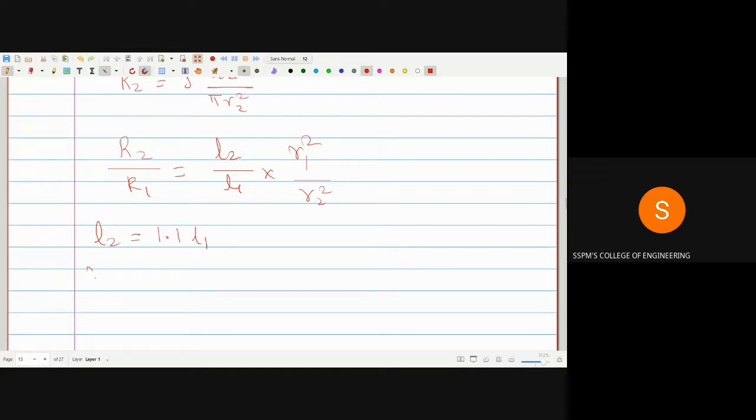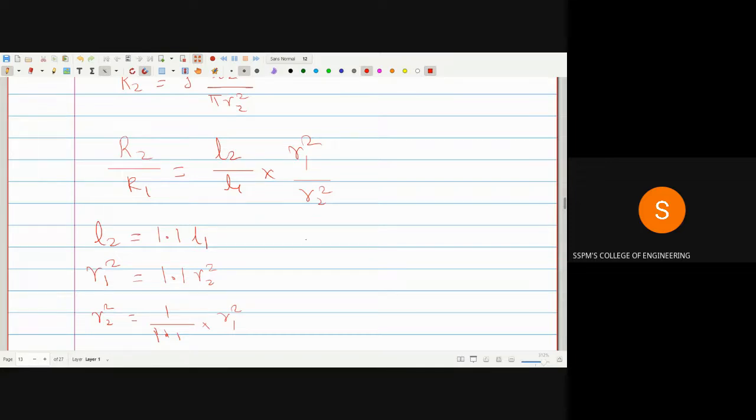So what is the relation for the radius? R1 square is equal to 1.1 R2 square. When you increase the length of the wire, the radius decreases. You can also write R2 square is equal to 1 divided by 1.1 into R1. When you elongate a wire, its radius decreases.